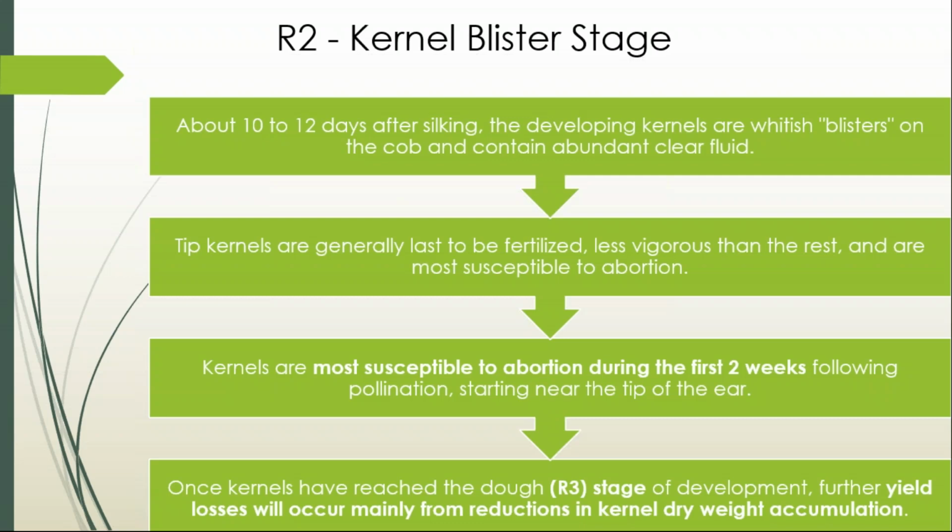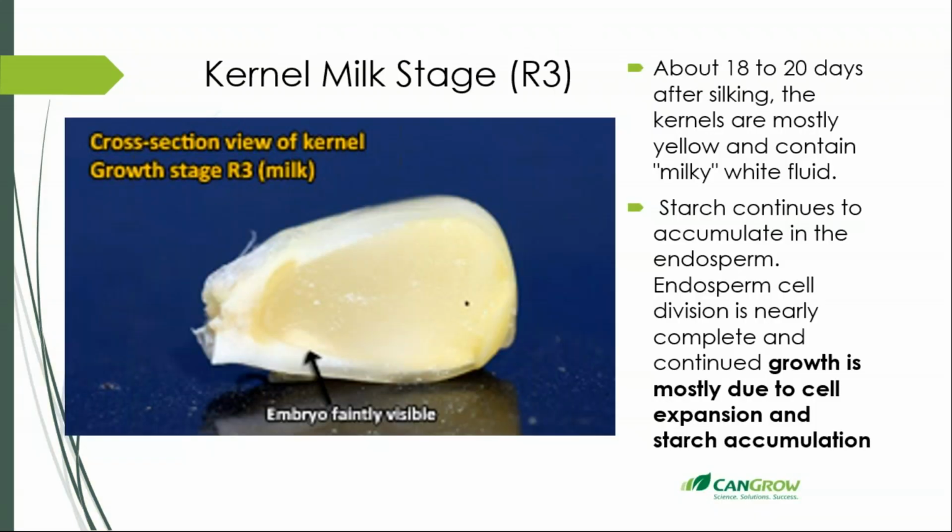Now, once the kernels have reached the dough stage, R3, of development, further yield losses will occur mainly from reductions in kernel dry weight accumulation. So we don't see loss because of abortion, but because of seed size and seed weight.